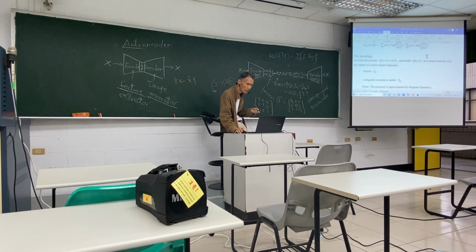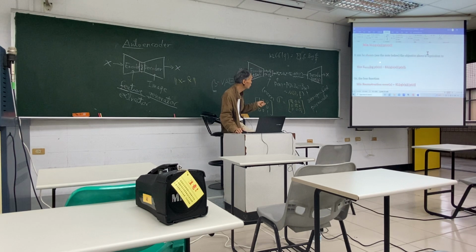what I put here. This is our original objective function. Then we can convert it into maximum likelihood for the reconstruction error, or the reconstruction output x.